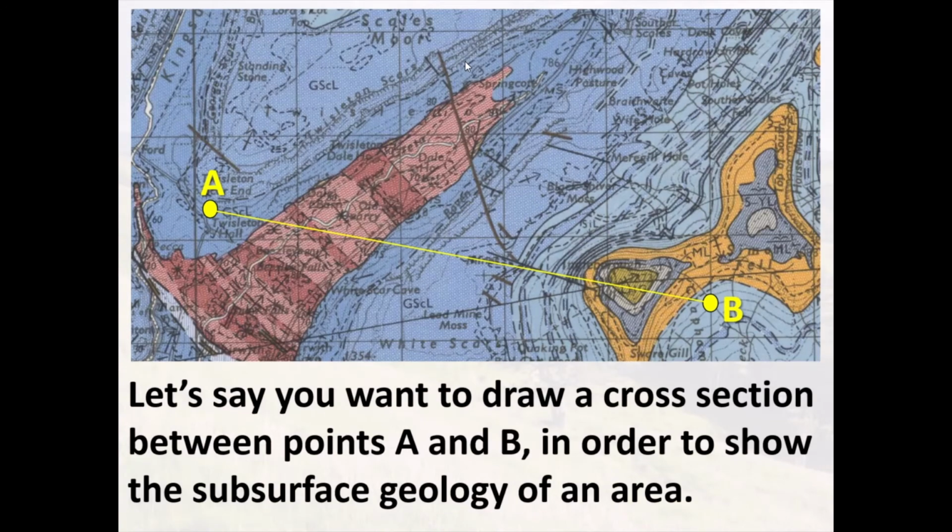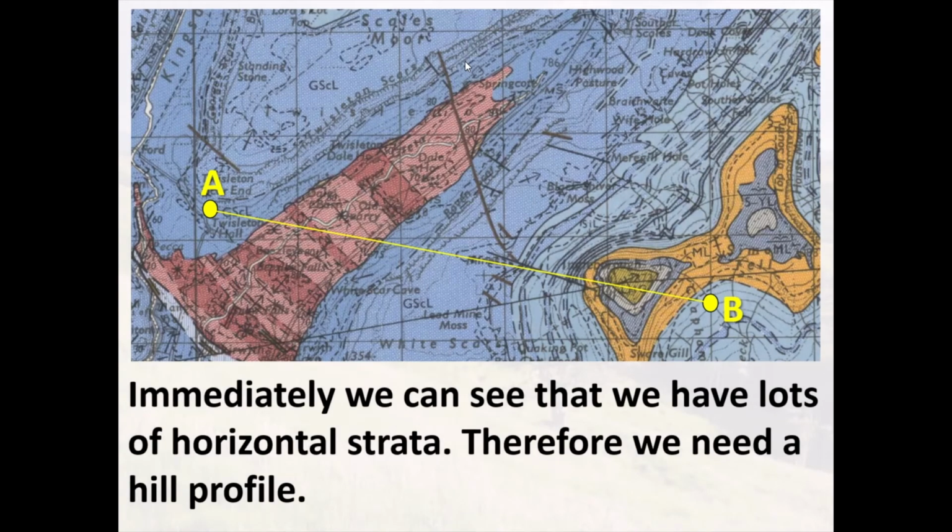So let's say that we wanted to go back to the horse sheet and draw one of our cross sections to show this unconformity and what's going on in the subsurface. Well, if we took a line between A and B, we can see that we go through the younger Carboniferous and the older Cambrian rocks, and further we can see immediately that we've got a lot of horizontally bedded rocks, so we're going to have to construct ourselves a hill profile.